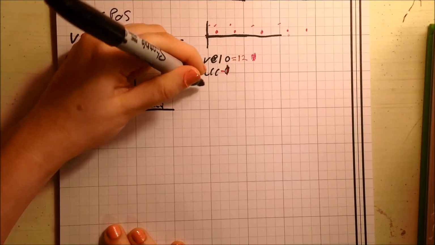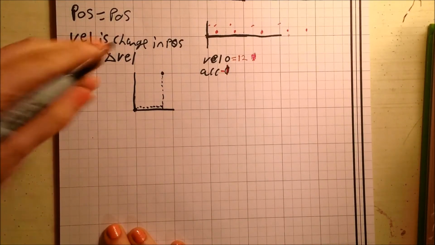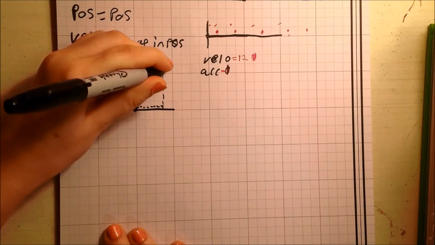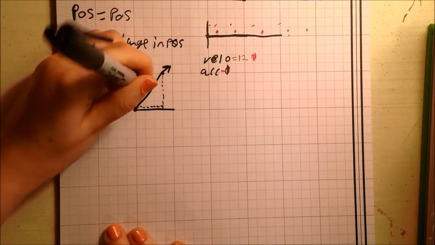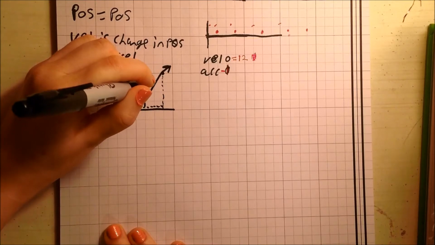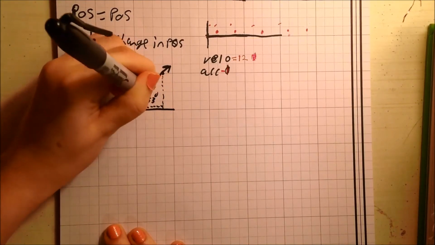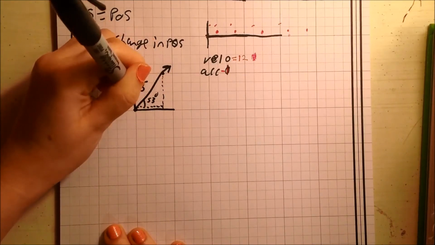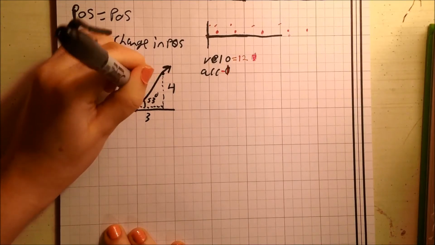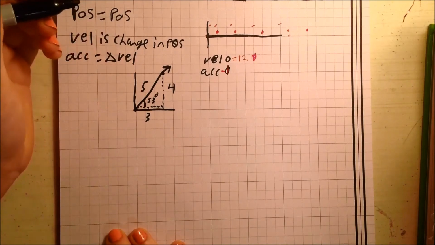Well, you can apply the distance formula or whatever. Or you could write it as a vector of magnitude 5 at a direction of 53 degrees. I know that because this is 4, this is 3, Pythagorean theorem says this is 5, and I googled this angle. So either way is the same.